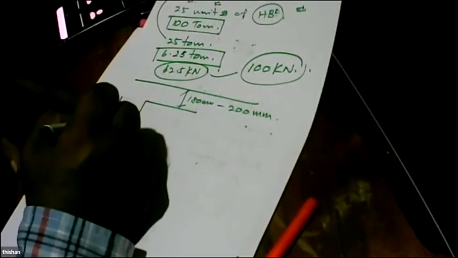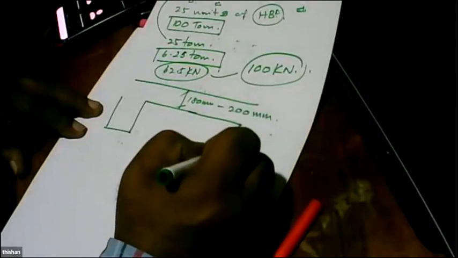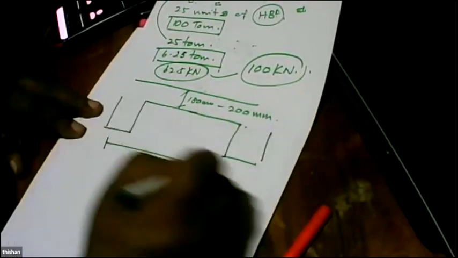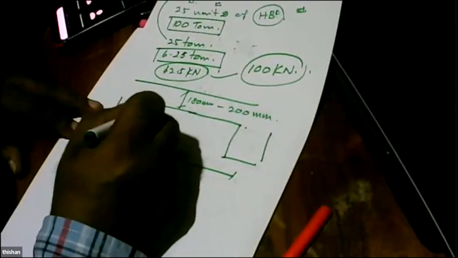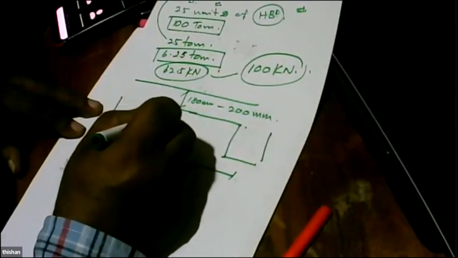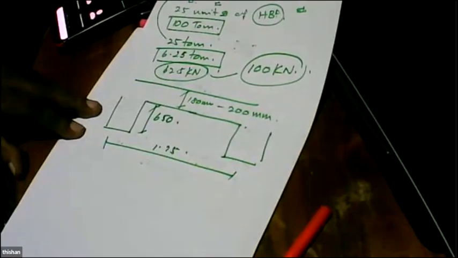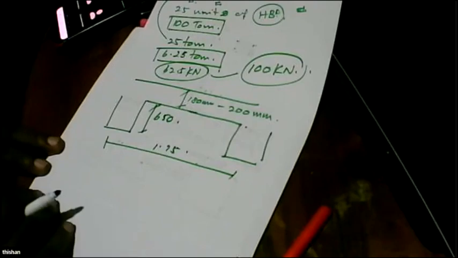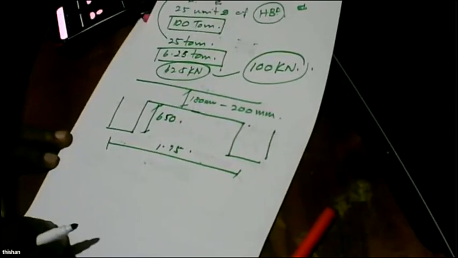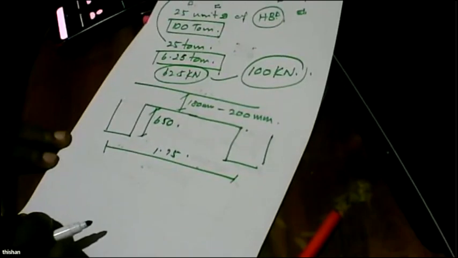We have these beams at 1.75 spacing, and the depth of the precast beam is 650. For 12 meters, we get an overall thickness of about 830 to 850 millimeters.